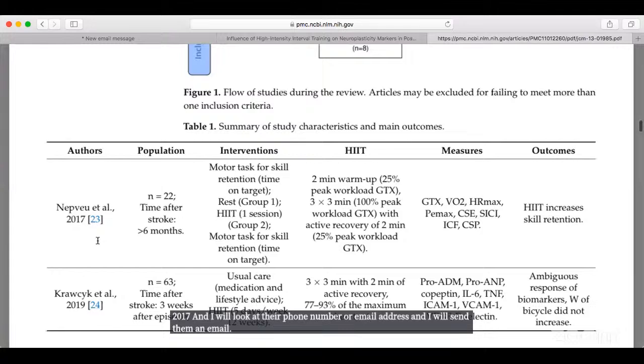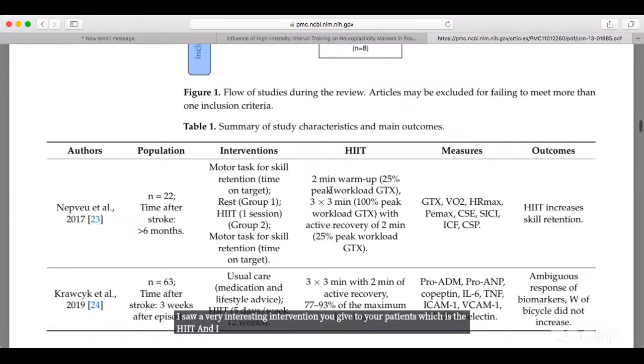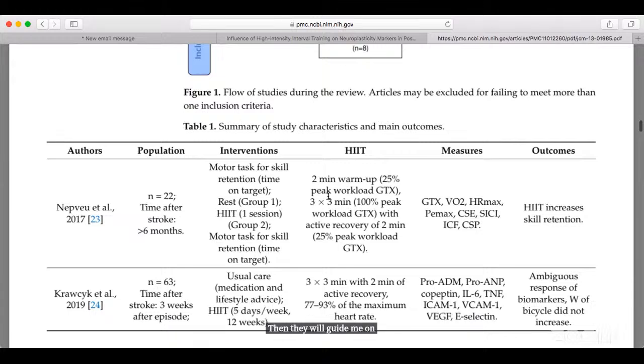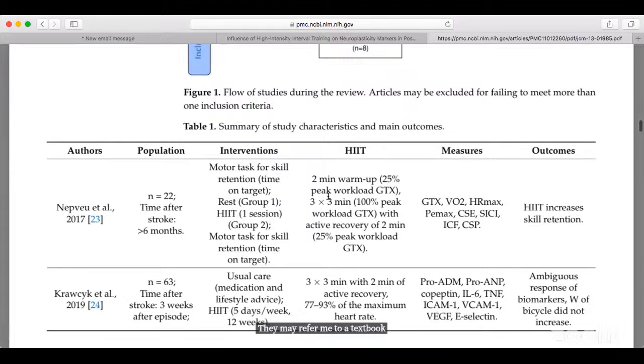I saw a very interesting intervention you give to your patients, which is the HIIT, and I want to apply it to my patient, but I need training. Then they will guide me on how to get the training. Maybe they have a video, they will send it and say you must pay or it's free. Maybe they will refer me to their website. They may refer me to a textbook. They may refer me to another person close to me that can give me that training.